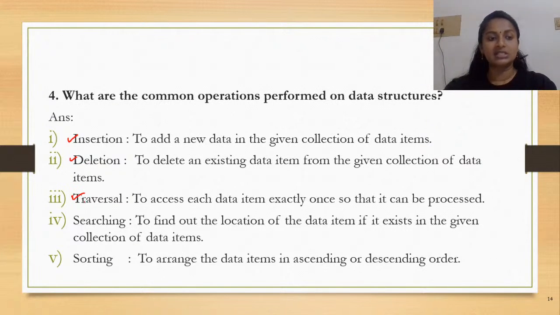Now, what is traversal? Traversal, the literal meaning says traveling, right? Traveling means each time you're visiting a particular data element from the collection. Now, what is a collection? The collection is definitely the data structure. You would have a collection of values. So, traversal means to access each data item exactly once so that it can be processed.